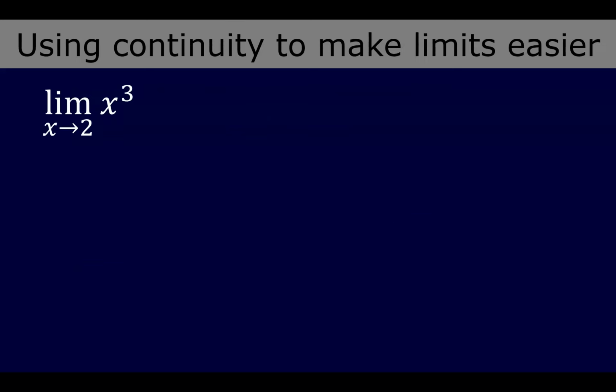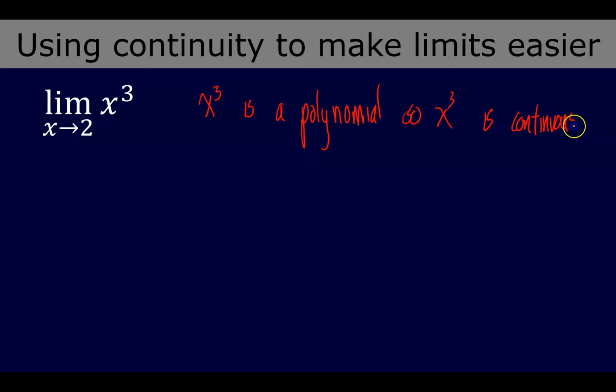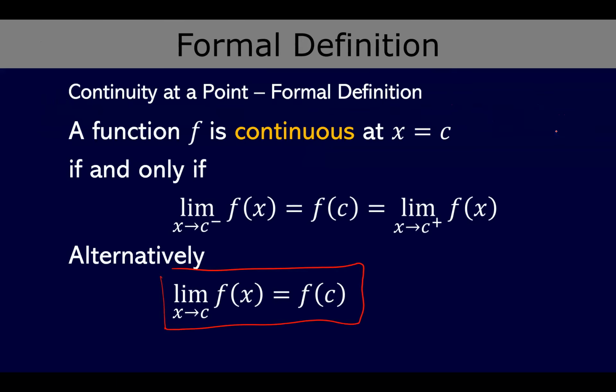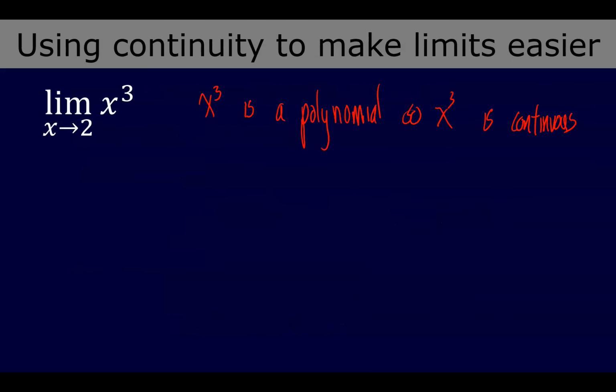So we don't want to always have to do numeric limits. If you have the limit as x approaches 2 of x cubed, and you know x cubed is a polynomial, so x cubed is continuous, well, that allows us to not do a limit. We're going to use this alternative definition, the two-sided thing.